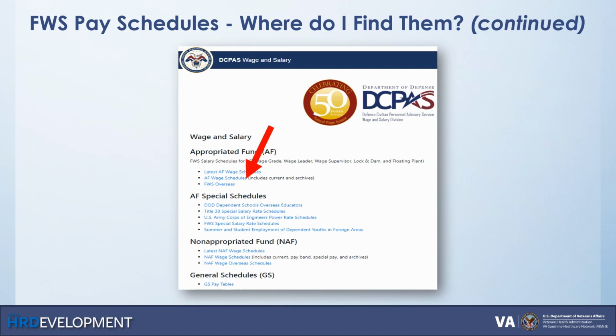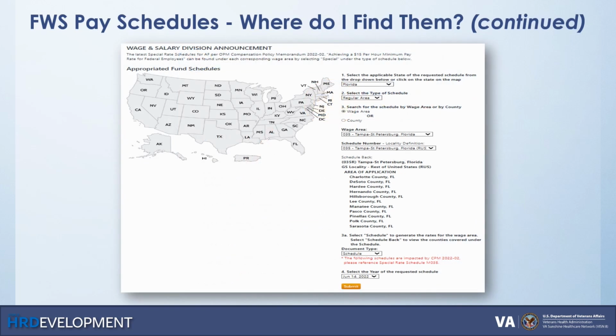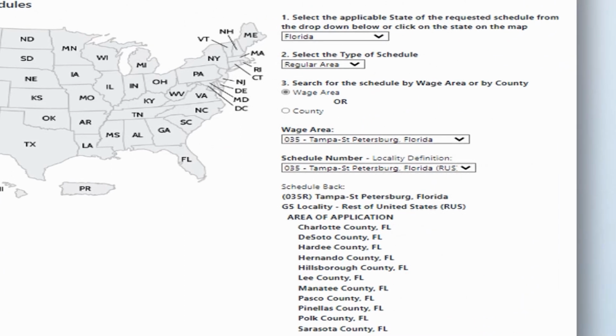If you go to OPM, it will take you to this page. On this page, you will go to where you see the arrow pointing at the AF wage schedule. Here is where you select your area. In the example, in step 1, I put Florida, then select the type of schedule, which is regular area.